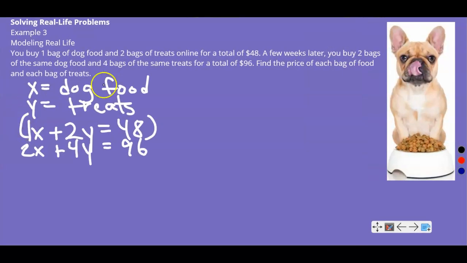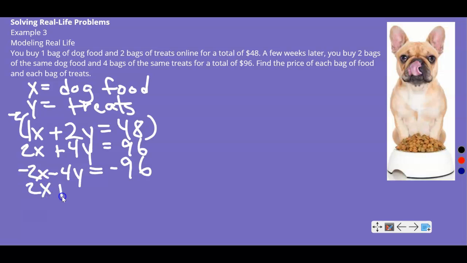-2. Sorry about the screen there. I got too close to the edge. So if I multiply this by a -2, that's going to give me a new equation of -2x minus 4y equals 48 times -2, which is -96.